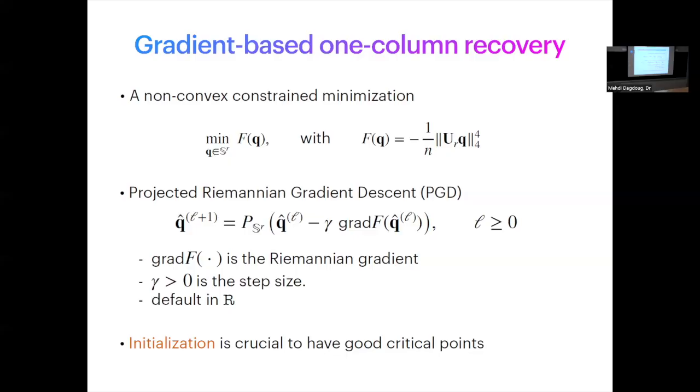I would point out that you don't necessarily need to use the Riemannian gradient. If you only consider the vanilla gradient, it is called projected gradient descent without the Riemannian part. But we chose the Riemannian gradient for the following reasons. First, the Riemannian gradient is essentially the vanilla gradient projected onto an (r-1)-dimensional subspace.